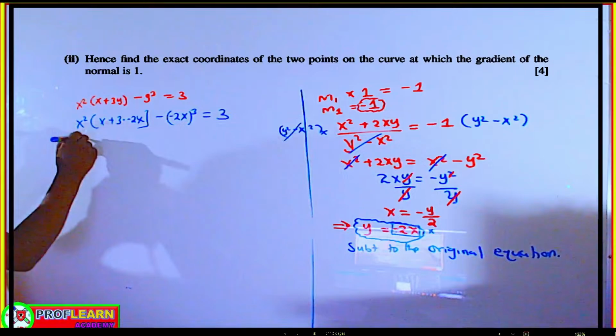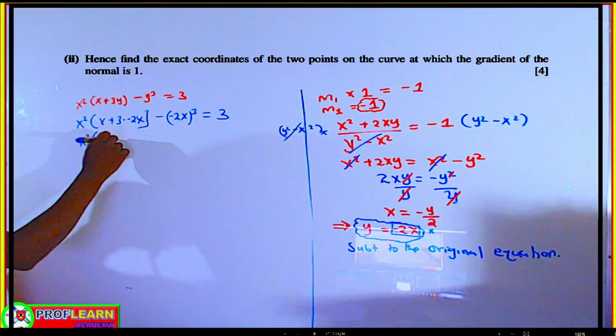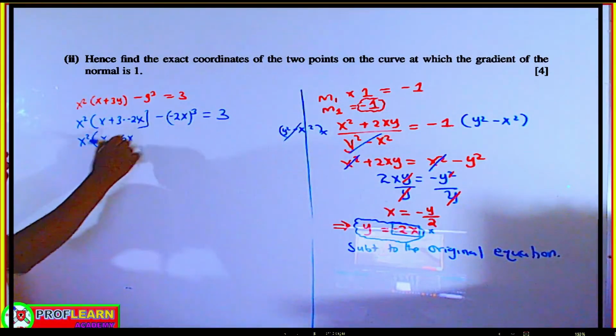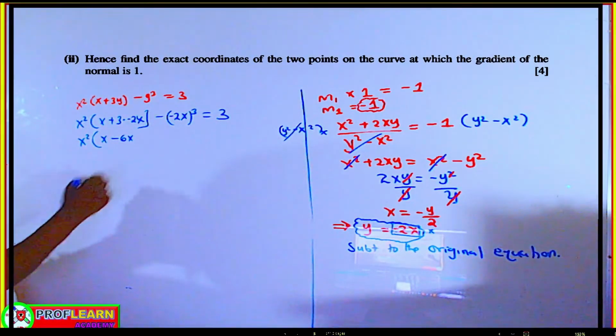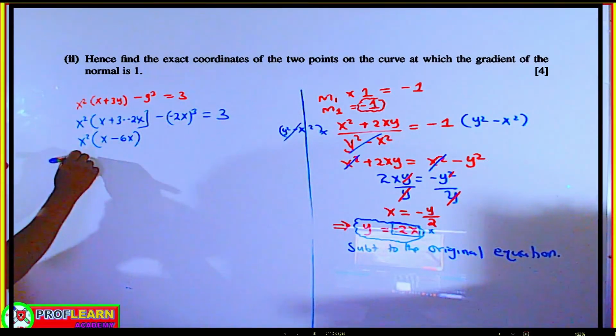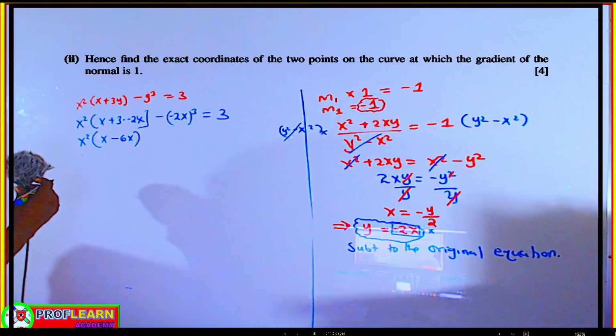Once we do this, we are going to simplify and say x squared into x minus 6x, and this is actually going to be -5x.